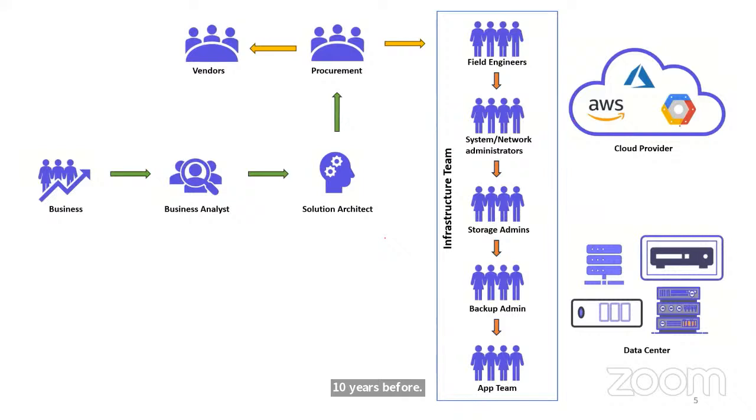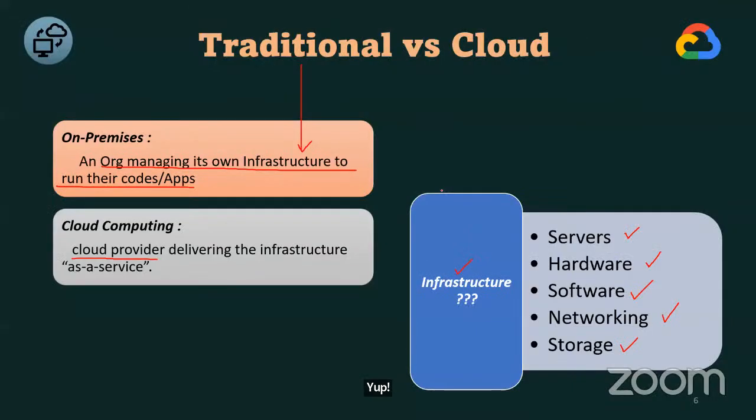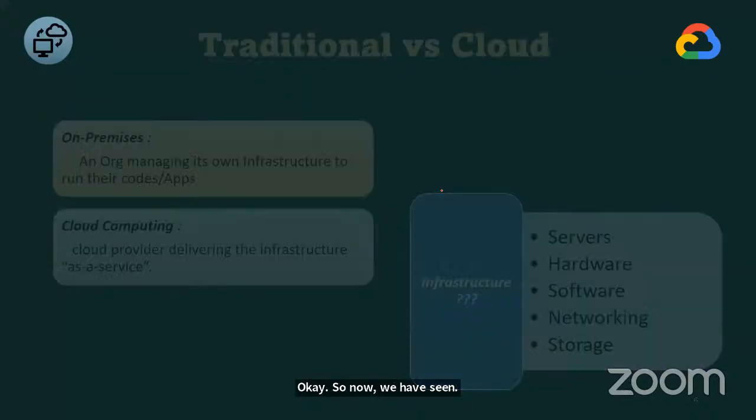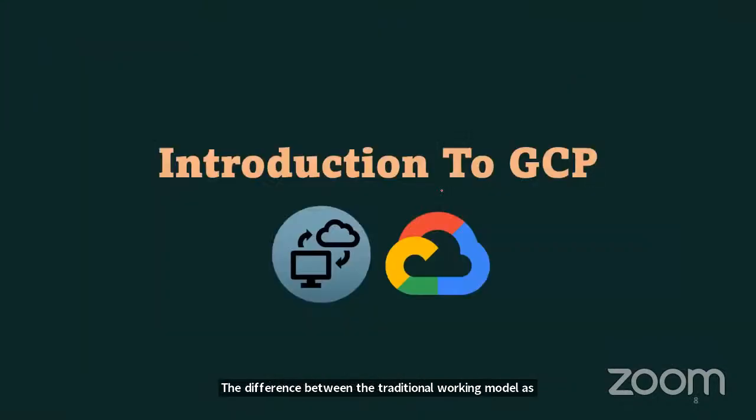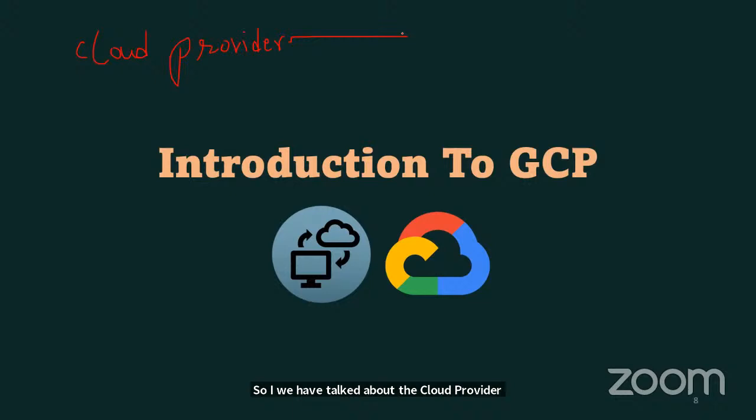Now we have seen the difference between the traditional working model and the cloud computing model. I'm going to talk about the Google Cloud Platform now, guys. I'm going to give you an introduction. We have talked about the cloud provider. The cloud provider provides you the cloud computing services.